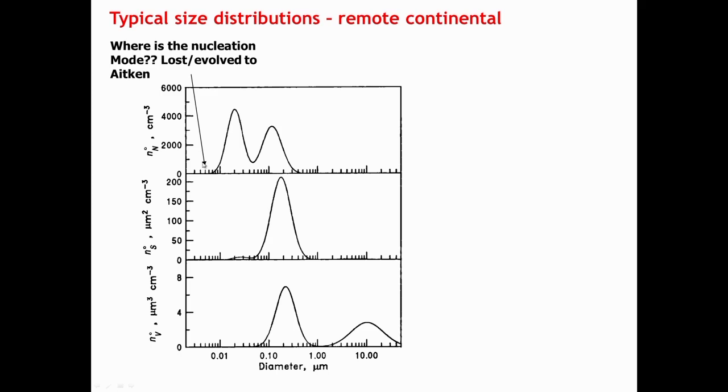And we saw earlier that there were nucleation particles in certain conditions. And in this case, these were measurements, and there is no nucleation mode. So either there was no nucleation mode formed, so why might there be no nucleation mode formed?